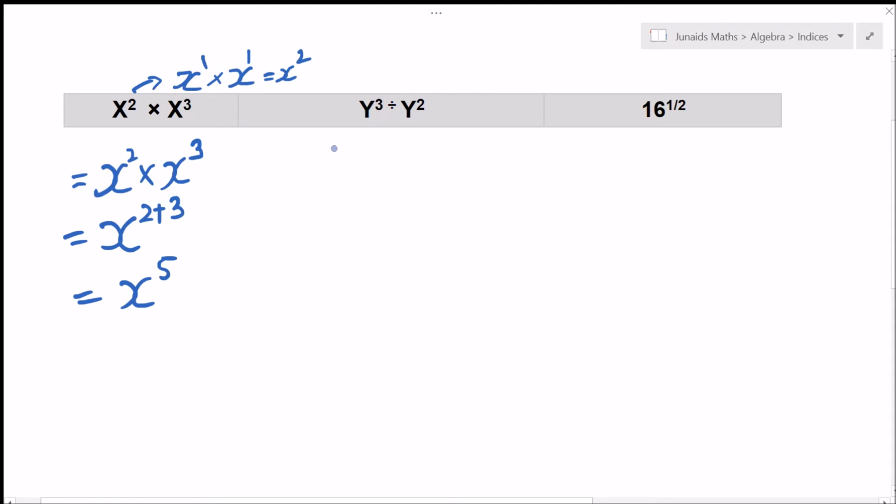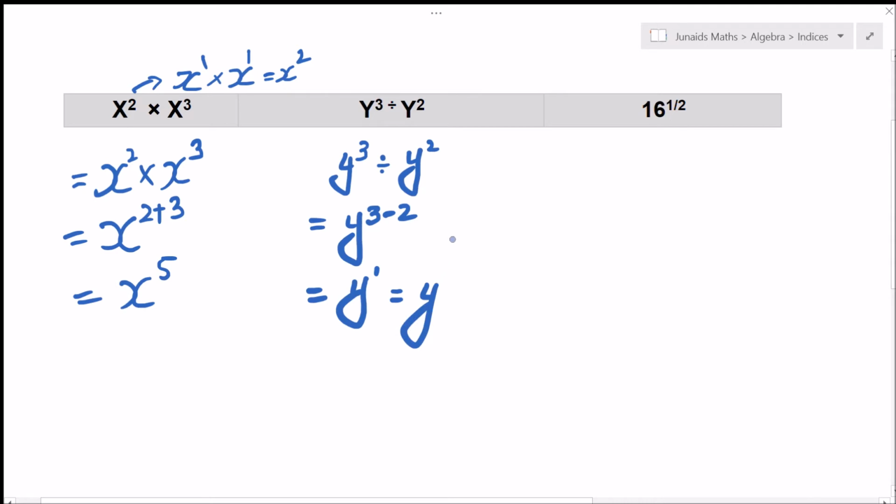And the law says when the bases are same and you divide them, the powers are just taken away. So what will happen now? It will be 3 take away 2. And the answer is going to be y to the power 1, or if we simplify it, we just write it as y.